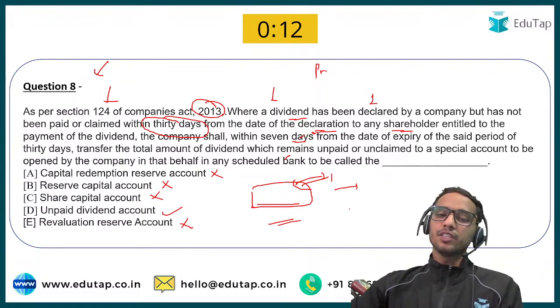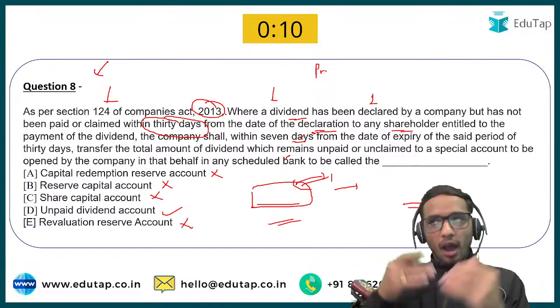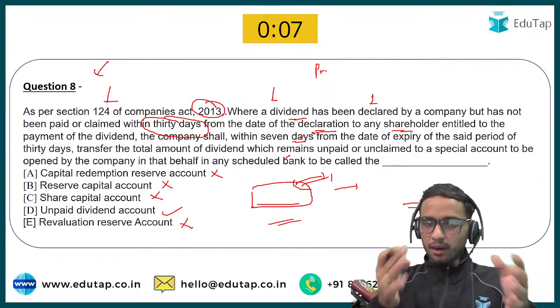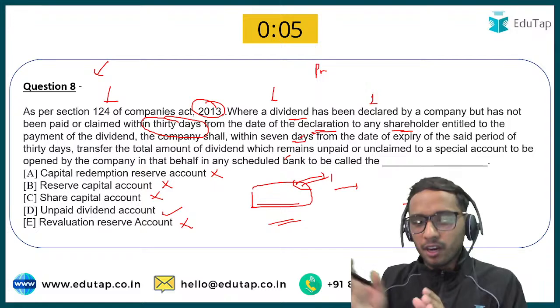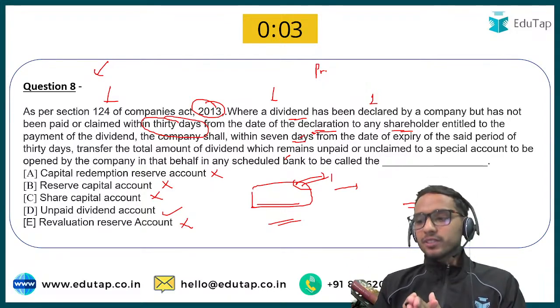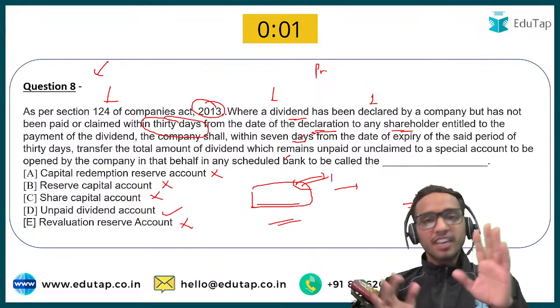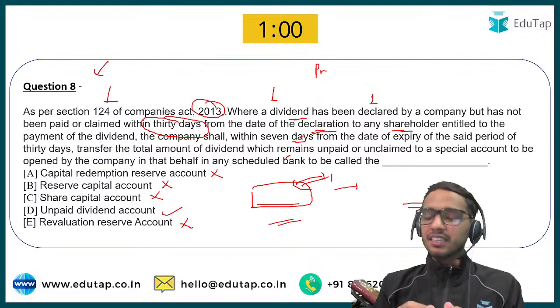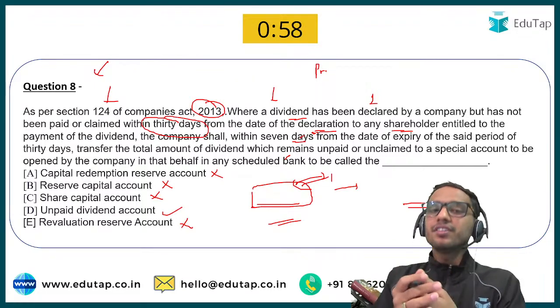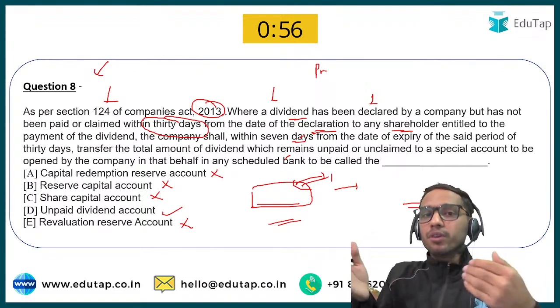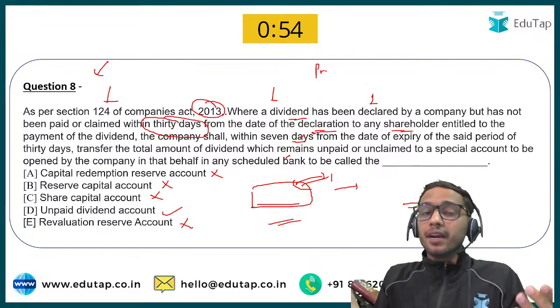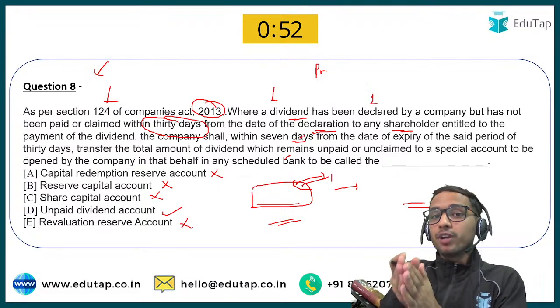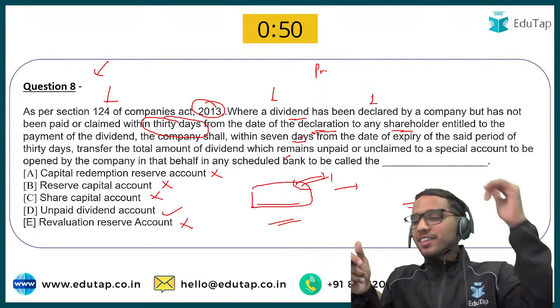Give me the answer of these two questions. This is a very important question. So within 7 years, if that amount remains unclaimed or unpaid, you have to transfer that amount to which fund? Now tell me the name of the fund.